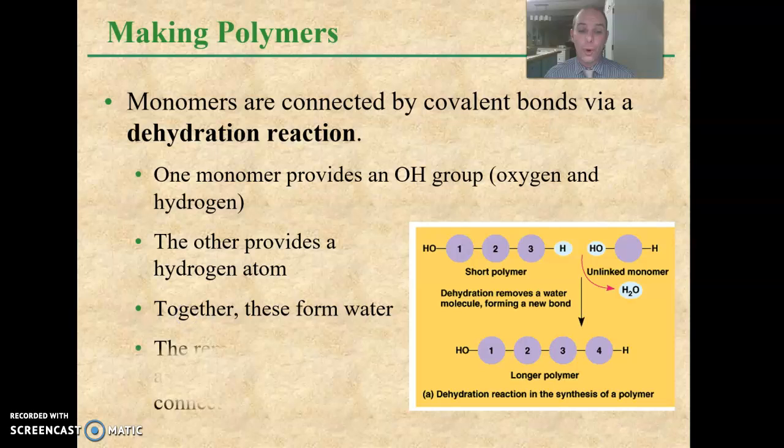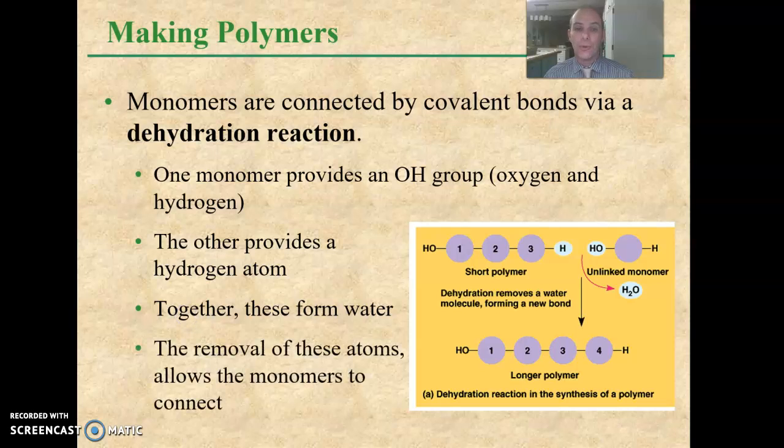Together, they form water. The removal of these atoms allows the monomers to connect, meaning if you remove an OH and an H, and if you put those together, it's H2O. Wherever the H2O is removed is where the monomers will bond.